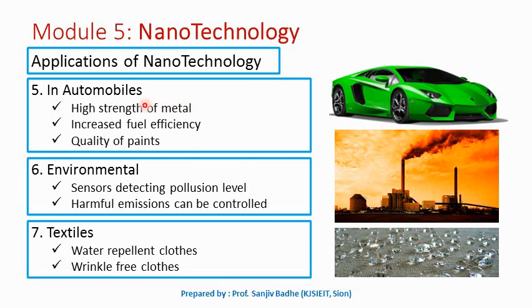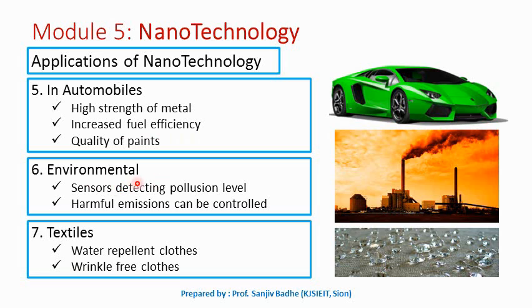Nanotube composites have better mechanical strength compared to steel. So efforts are being made to develop cheaper nanotube composites that can replace steel, which is used to construct the body structure of automobiles. Use of nanoparticles in paint provides thin and smooth coating. Nanomaterials used in the fuel increase fuel efficiency.